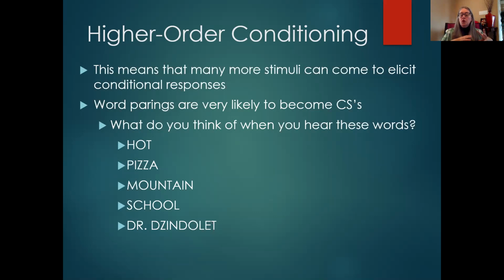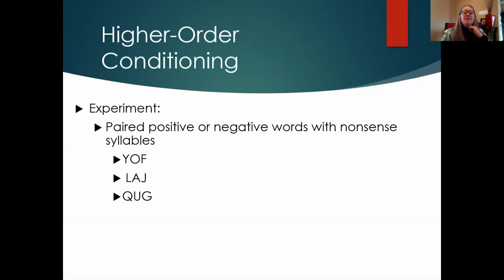What do you think of or hear when you hear these words? You're probably thinking positive things or negative things. These words either were CSs that were paired with USs, or it might have been that these words were paired with other words that were paired with USs. In one experiment, they paired positive or negative words with nonsense syllables like YOF or LAJ or QUG.